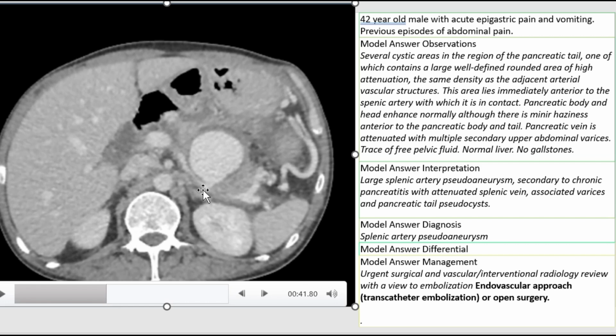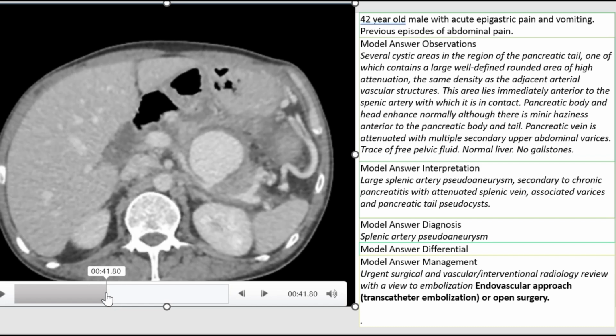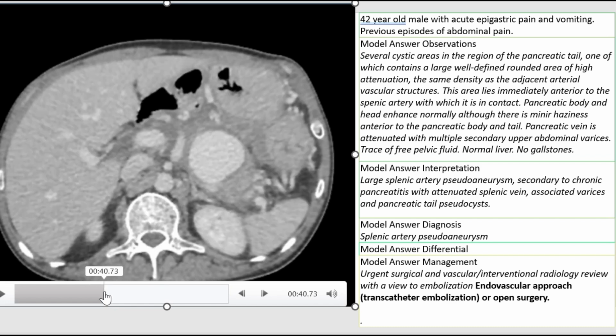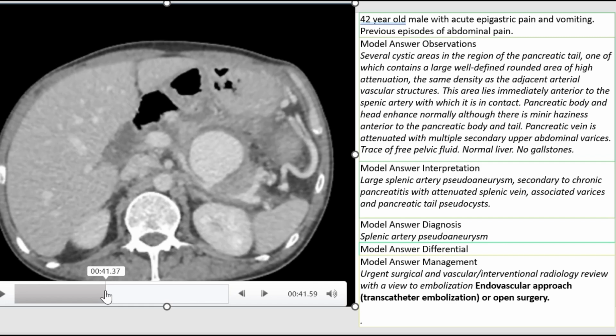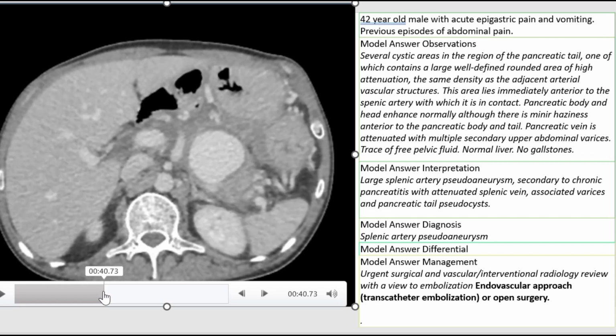How did you know that this is the splenic artery? If you follow the splenic artery, okay, you see that the splenic artery originates from the same origin of the common hepatic artery. This is the common hepatic artery.